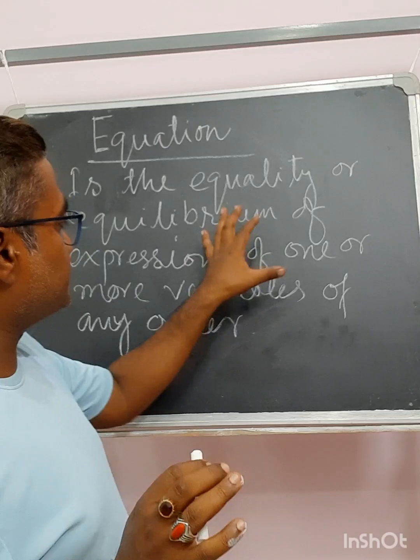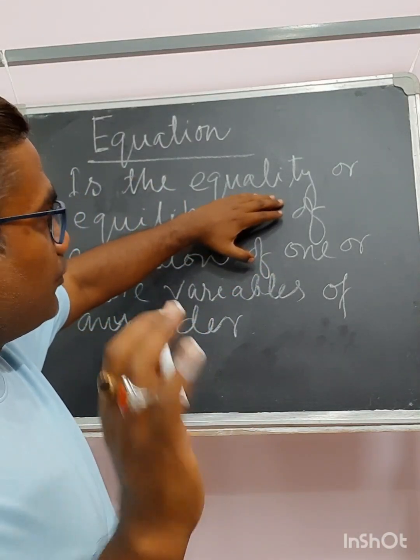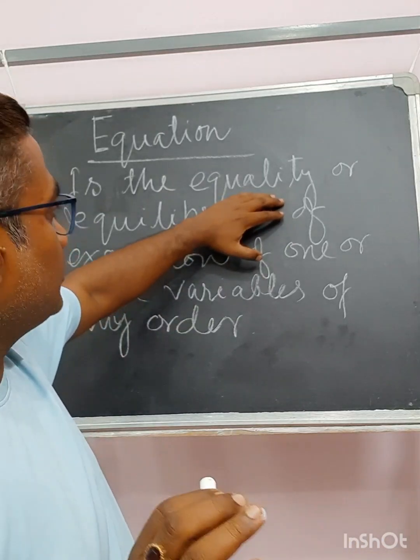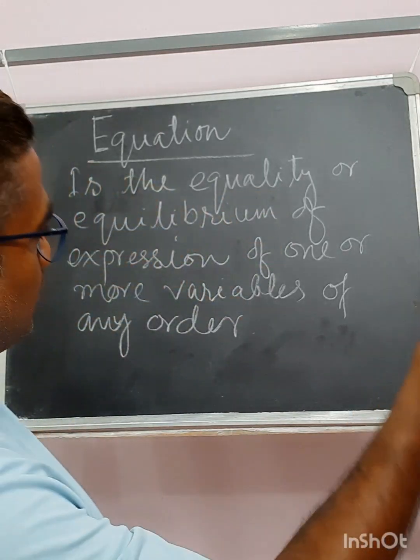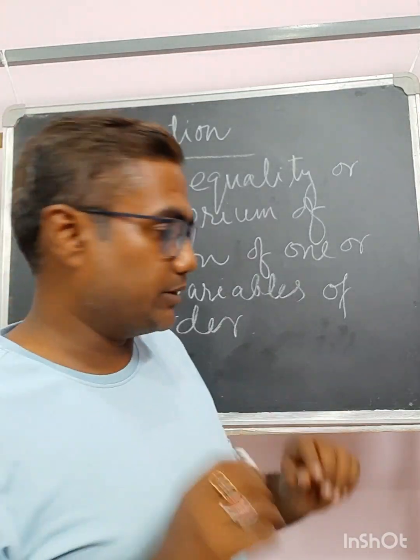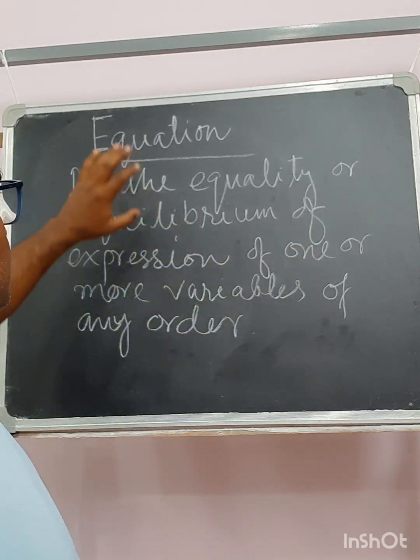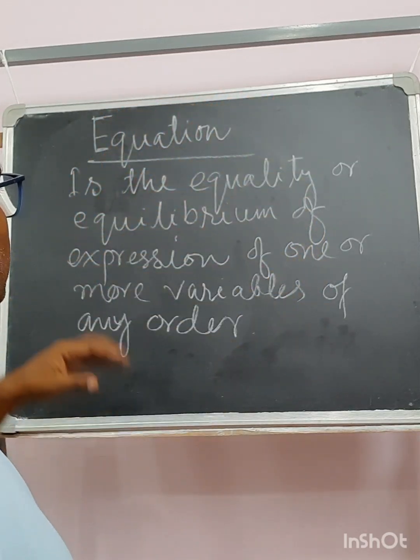Then if this expression is related in such a way that it forms an equality or equilibrium, the total form itself is called an equation. So I think I have explained it quite well. Let me explain it further.